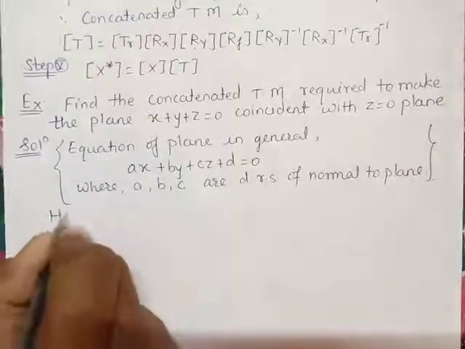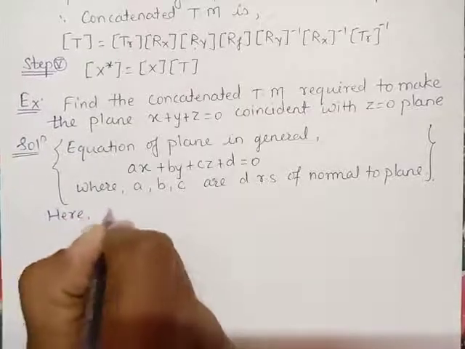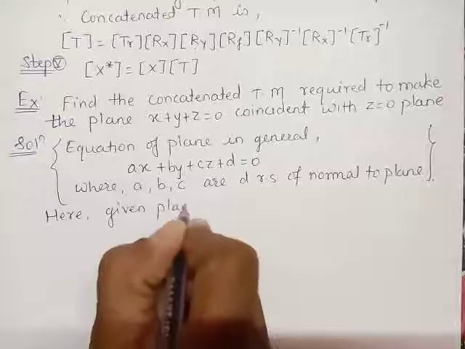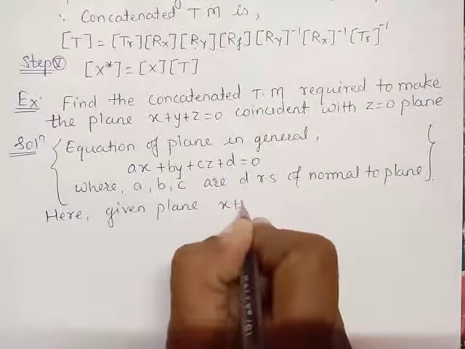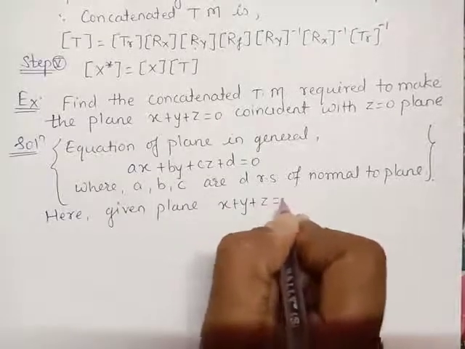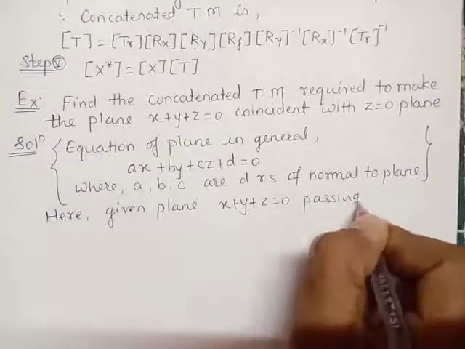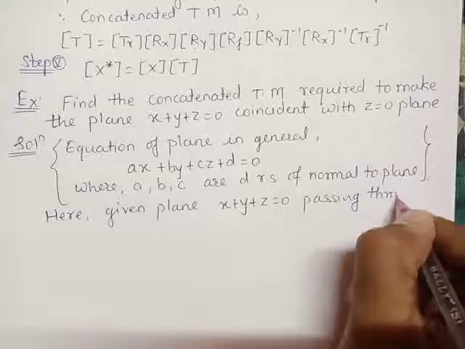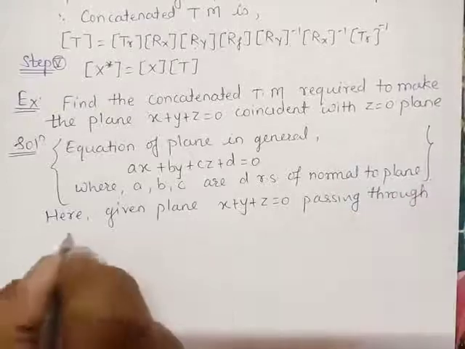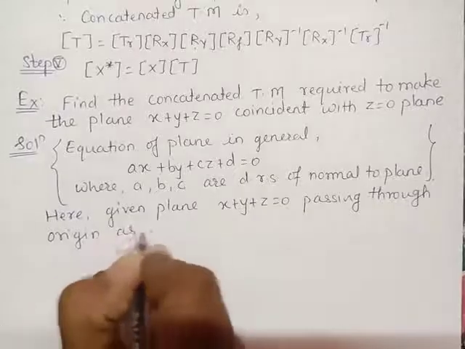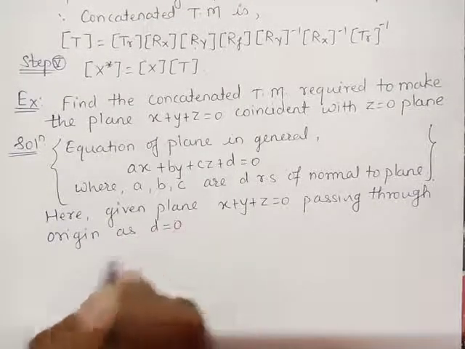Now here given plane, what does that? X plus y plus z equal to 0. Passing through origin, as d is equal to what? 0.